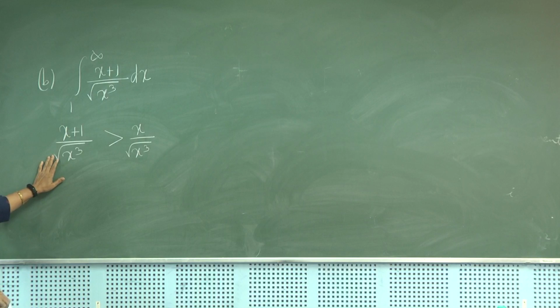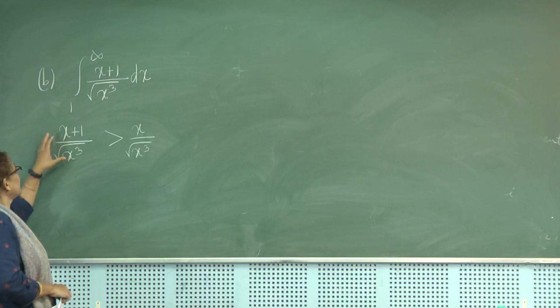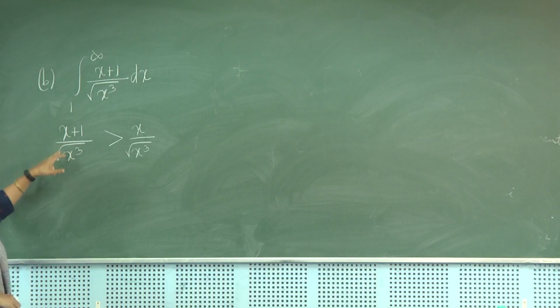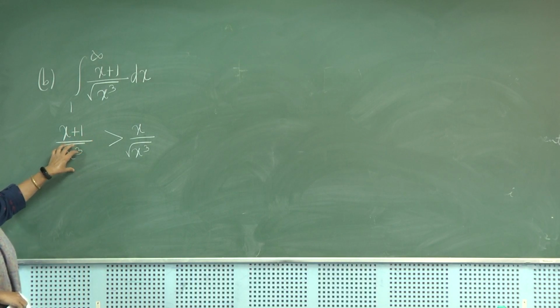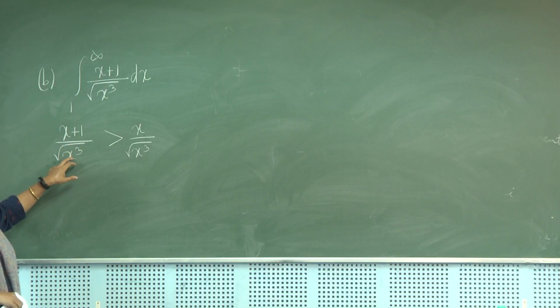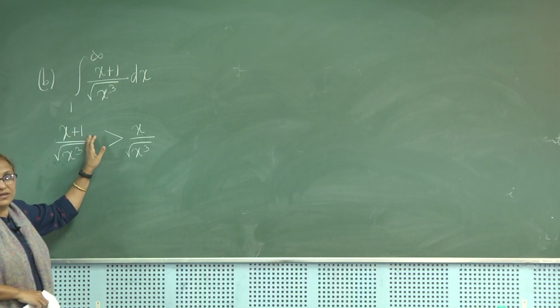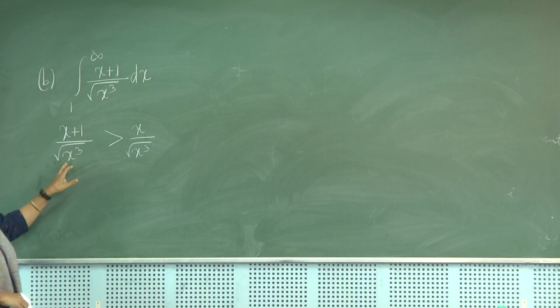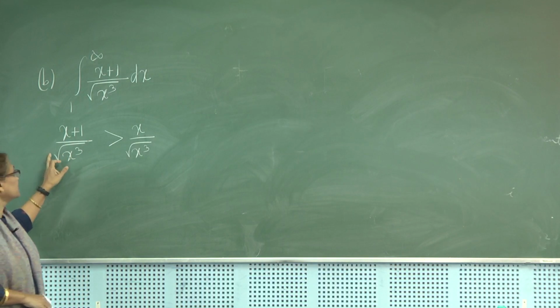If you break it into two parts, the left hand side is x divided by square root of x cube plus 1 upon square root of x cube, which is something positive always, as we are taking the positive square root.